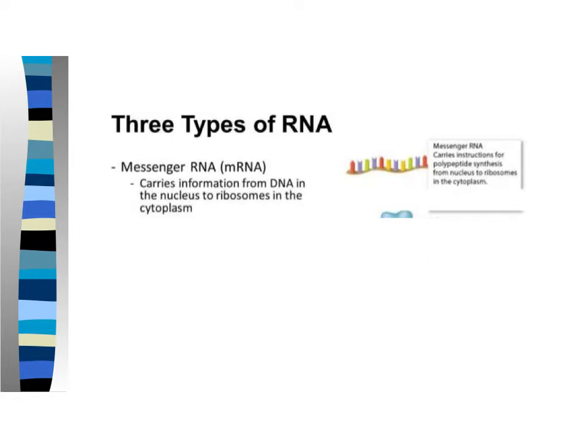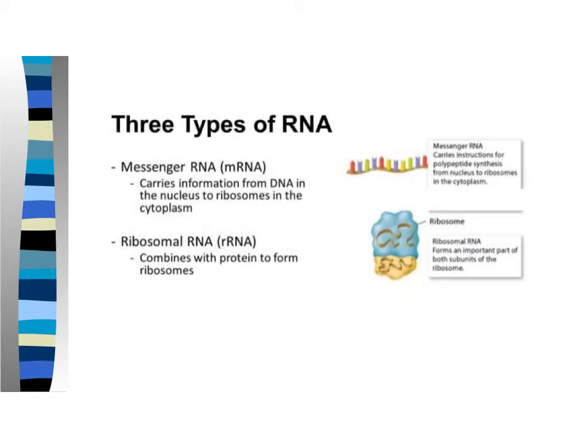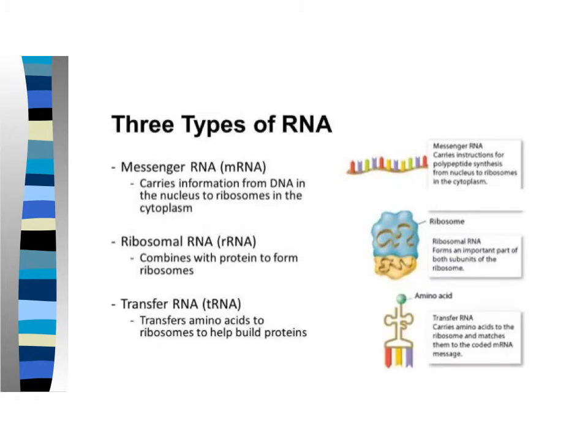We have three types of RNA: messenger RNA, ribosomal RNA, and transfer RNA. How are they different? Messenger RNA is like the top dog. It's going to carry information from DNA in the nucleus to ribosomes in the cytoplasm. It's doing most of the work. This is the most common form of RNA. Ribosomal RNA is going to combine with protein to form the ribosome.